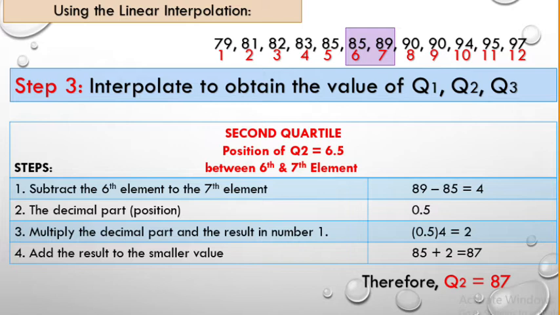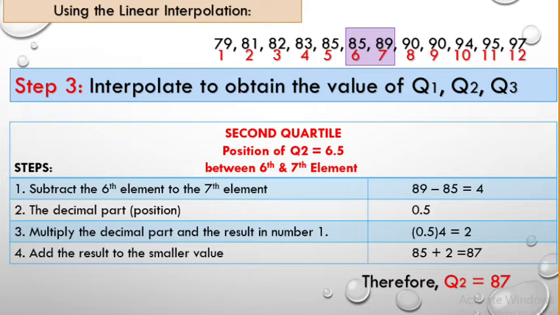And the second is the decimal part. Ang ating second quartile po ay 50%, kaya 0.5 ang kanyang decimal part. Then, multiply the decimal part and the result in number 1. So, 0.5 times 4, which is the result of the first step.